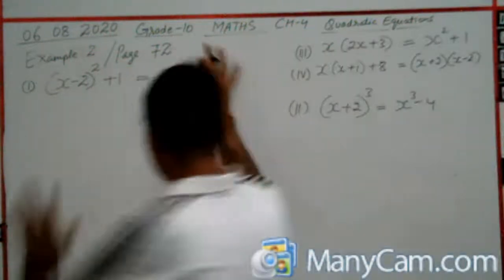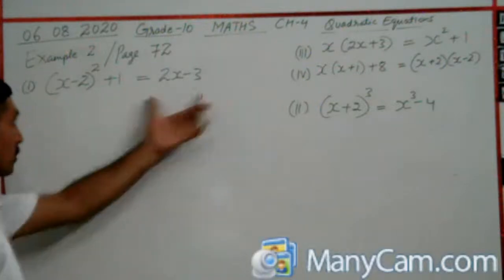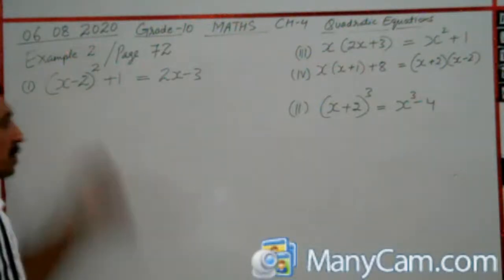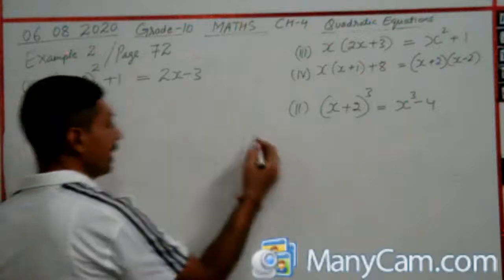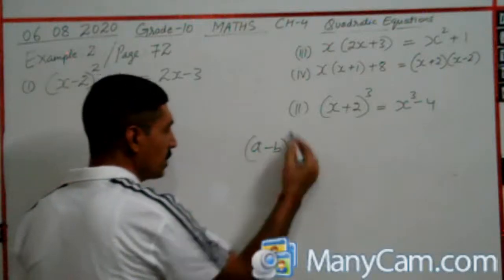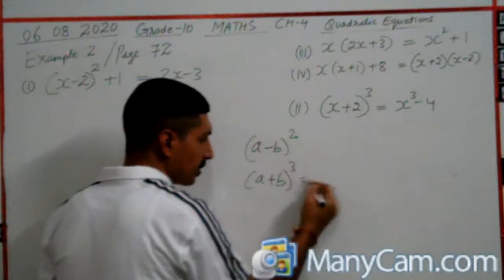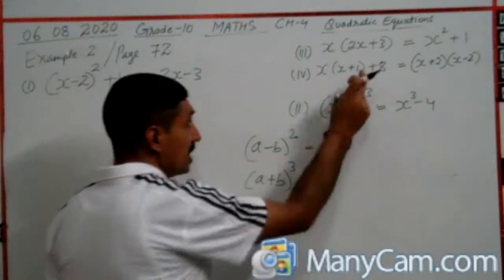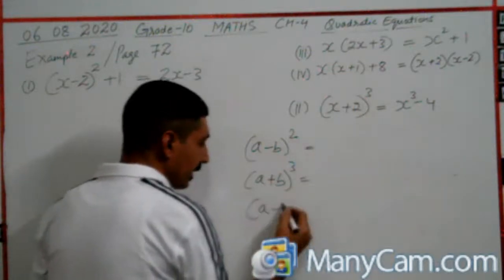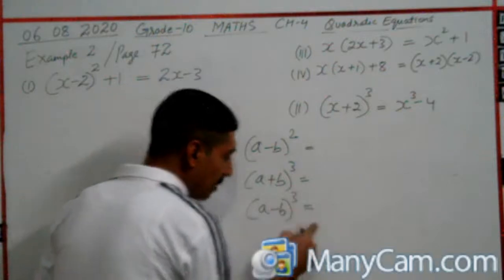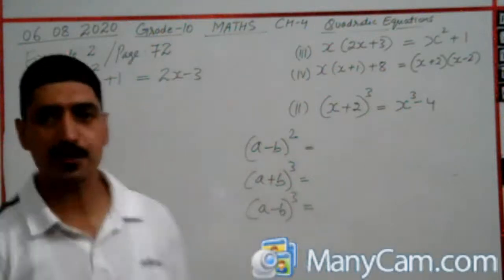So let's check here. You can try opening the bracket. Identities are very important. Here it is (a minus b) whole square. Here it is (a plus b) whole square. If students are not able to remember these identities, they cannot solve these questions.